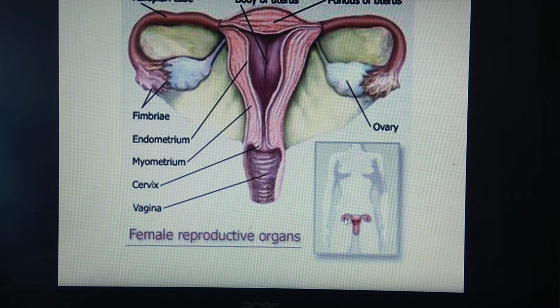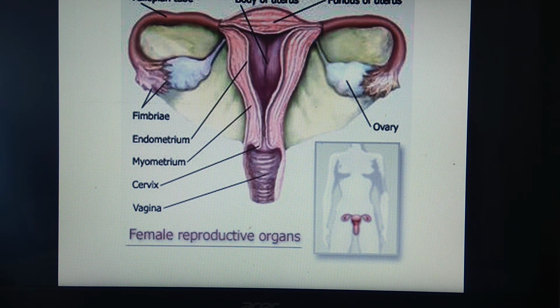In the pelvis region towards the upper side, this much part is the pelvis. So it is situated towards the upper border of the pelvis and towards the lateral sides. This is the exact position of the ovaries, and here near the kidney. Here kidneys are situated.